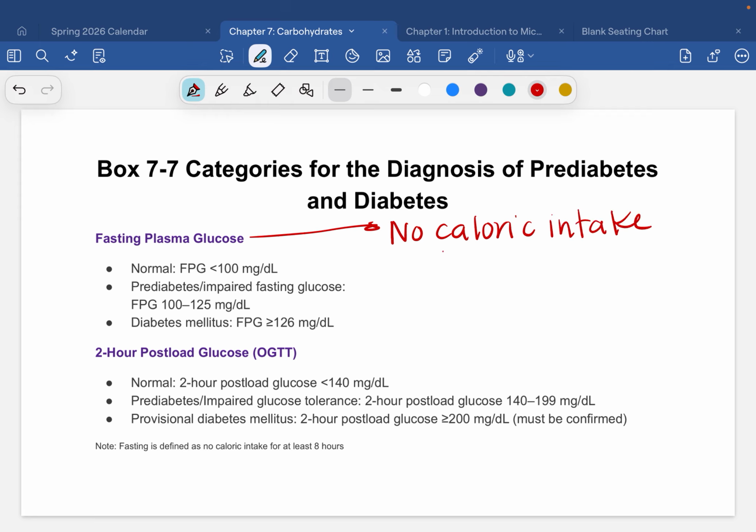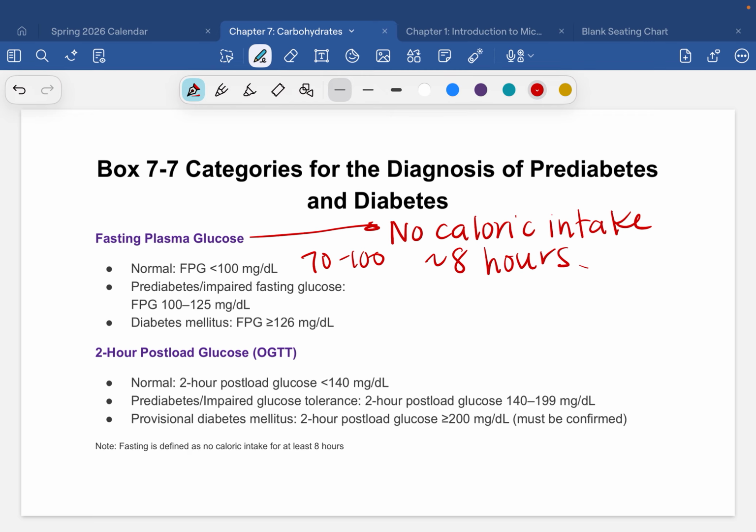And that's usually defined as about 8 hours. So you haven't eaten in 8 hours, you're fasting. If you're a typical, normal person, your fasting plasma glucose should be less than 100. Usually, again, somewhere between 70 and 100. But a fasting plasma glucose less than 100 is considered normal, typical.